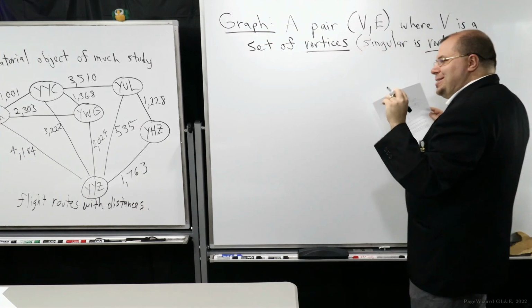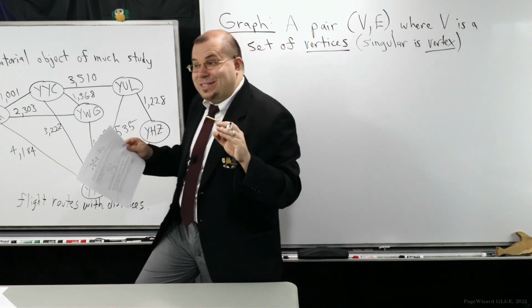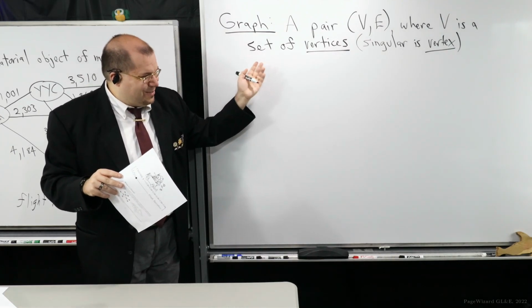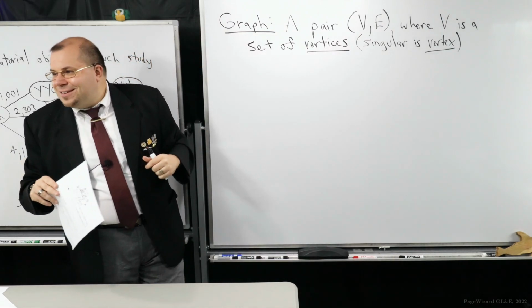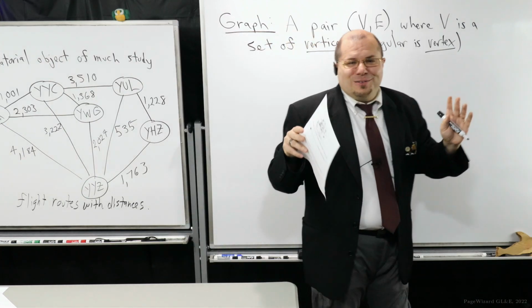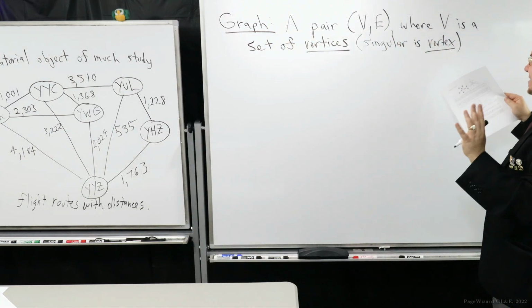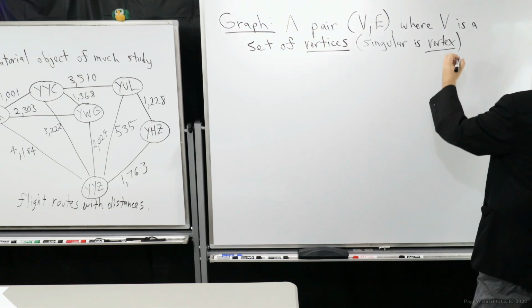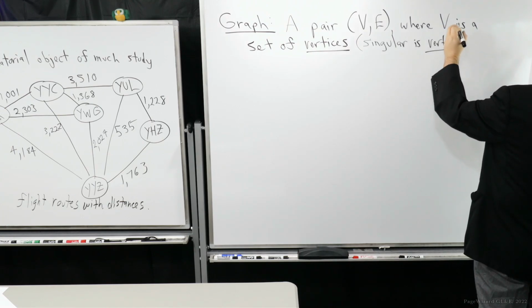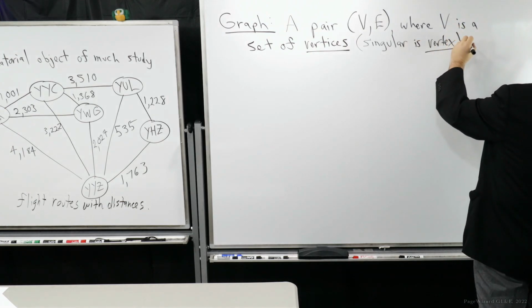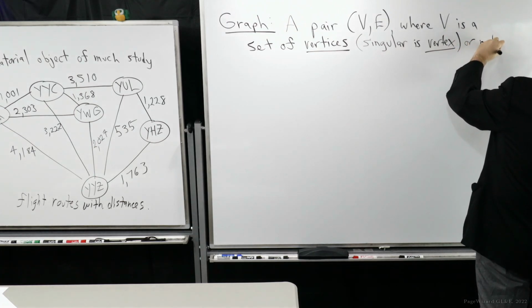The plural for vertex is not vertexes, it's vertices. It's one of these fun words. So please, just for the sake of me, don't say vertexes. It just gets so weird. So sometimes it's a set of vertices or nodes.